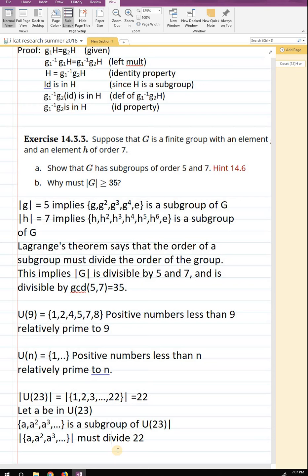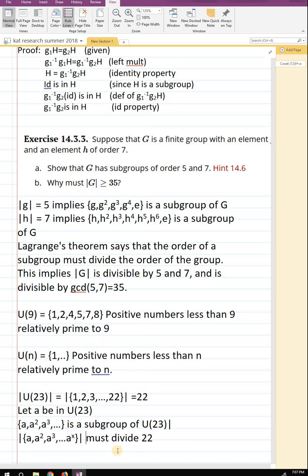Let me write here, I don't know what this last power is, so I'll write it x. All right. So what does this tell me about x? It has to be less than or equal to 22.